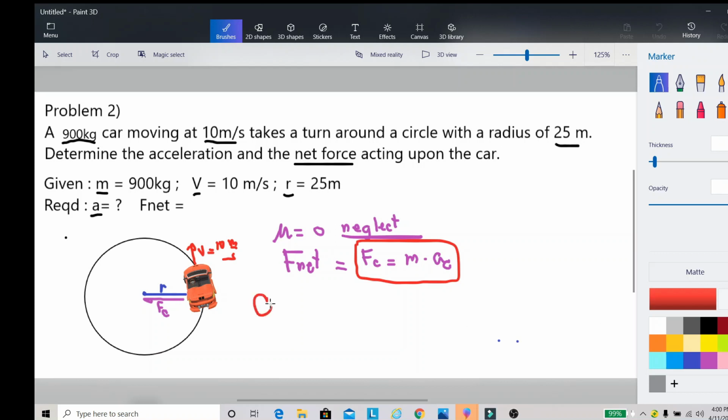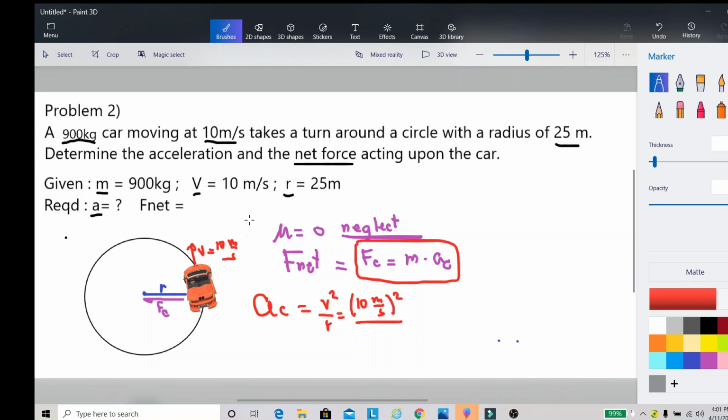The centripetal acceleration is given by the equation v squared over r. So ano yung v squared? Ano yung v natin? V natin is 10 meter per seconds and then quantity squared. What is r?